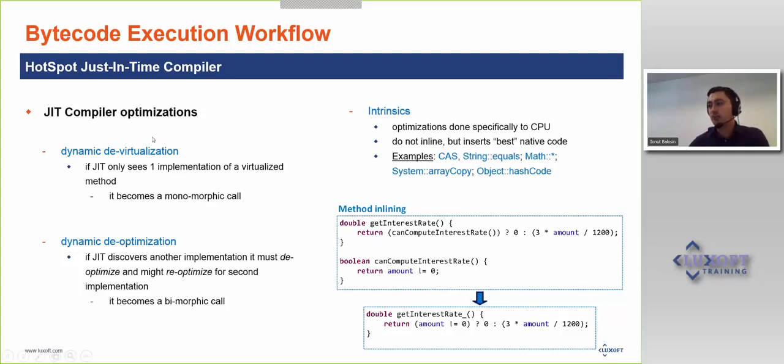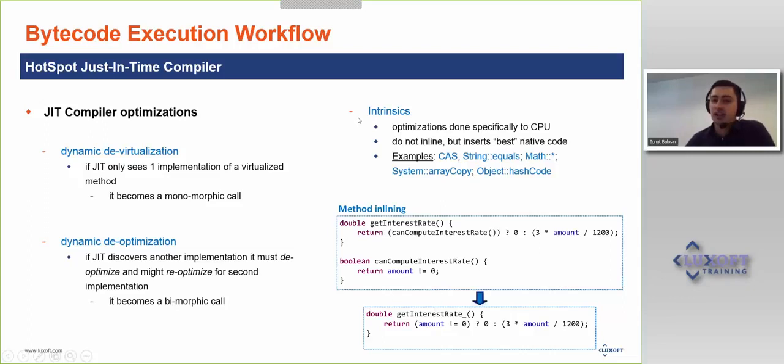It has to deoptimize what was optimized previously and maybe re-optimize it later on. When we have two method implementations in two separate child classes, we have a bimorphic call.